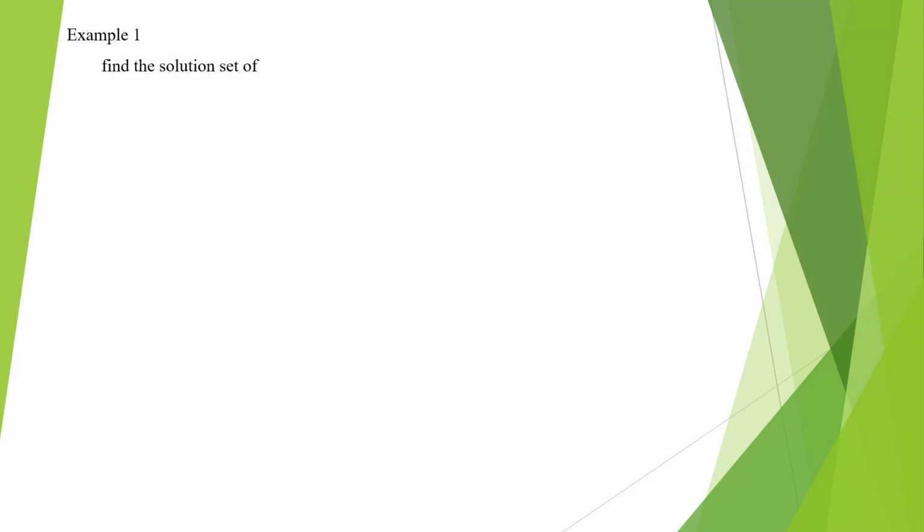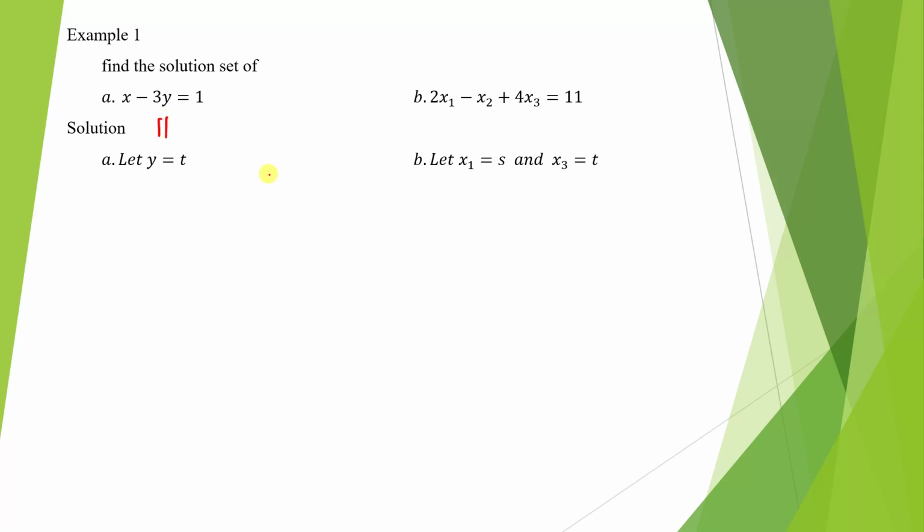For example, find the solution of these: A, x minus 3y equal 1, and B, 2x1 minus x2 plus 4x3 equal 11. For the first, we let y equal to t. For exercise B, we let x1 equal s and x3 equal t.